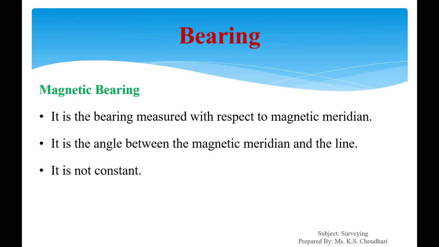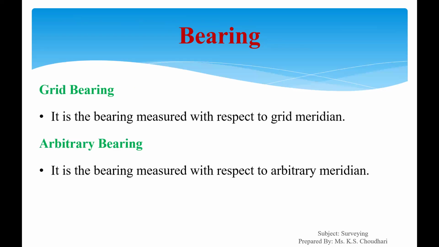It is the bearing measured with respect to the magnetic meridian. It is the angle between the magnetic meridian and the line, and it is not constant. Grid bearing. It is the bearing measured with respect to the grid meridian. Arbitrary bearing. It is the bearing measured with respect to the arbitrary meridian.